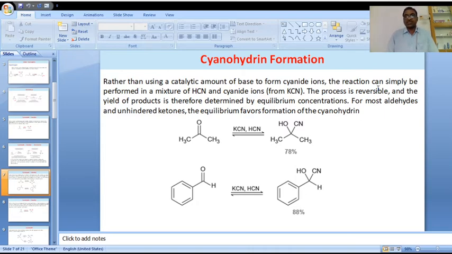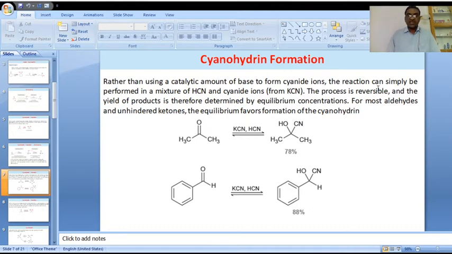This process is a reversible reaction, and the yield of products is therefore determined by equilibrium concentrations.